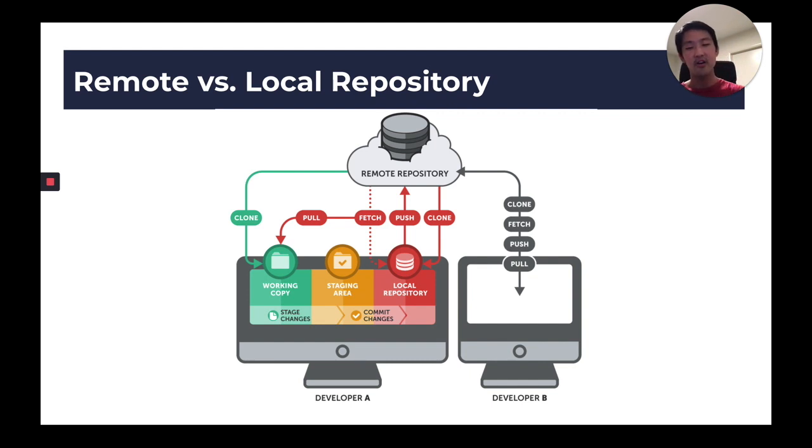So you see the clone arrow, that's indicating that it's taking from the remote, moving it to the local. See the fetch? It's dotted, and that dotted line indicates that while it is taking something from the remote to the local, it's not exactly applying it all the way. In the sense that fetch essentially grabs the meta information, the information about the new changes, whether or not there were new changes, and updates the local repository that way.